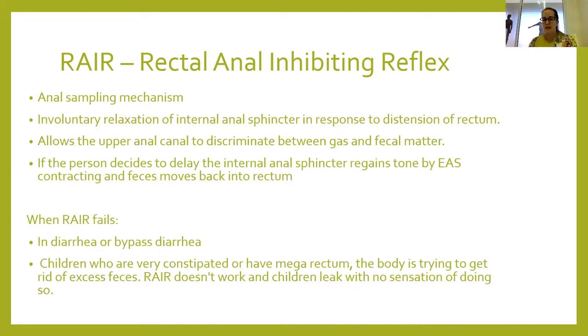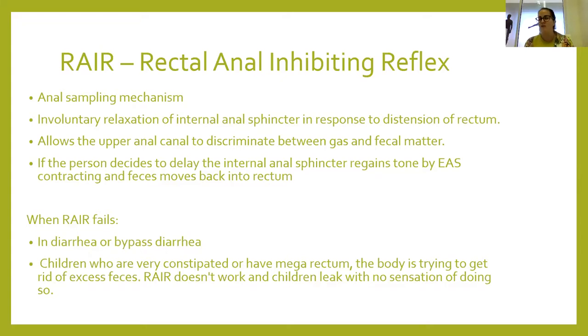If they decide to delay, that anal sphincter regains its tone by the external anal sphincter contracting and the feces moves back into the rectum. When it fails is when there's diarrhea or bypass diarrhea, and children who are very constipated or have a mega rectum, which I will explain later, the body is trying to get rid of that excess feces.